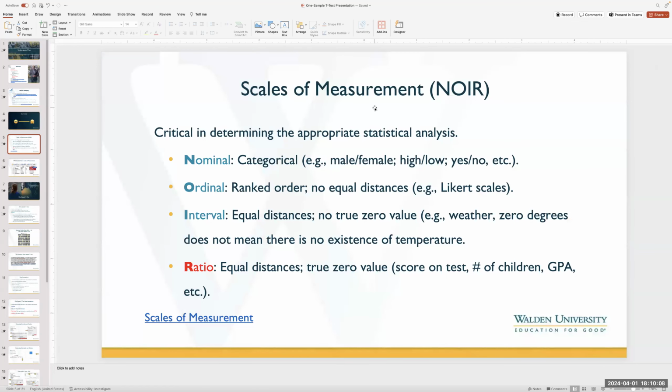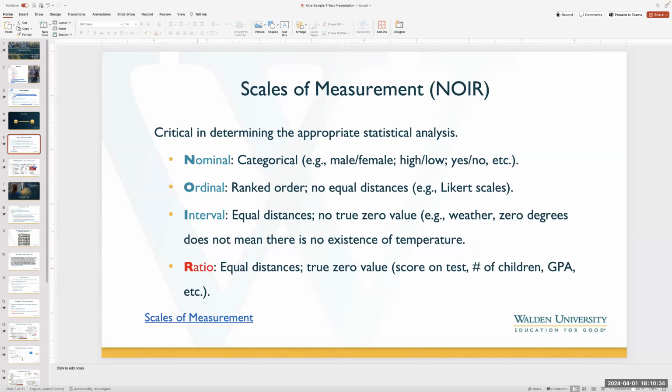Now, again, the scales of measurement, which we're not going to spend a lot of time on because you have a link at the bottom there for the scales of measurement in-depth video tutorial. But we know everything that we do in SPSS, when we look in an SPSS data file, each variable has a measure in that measure column, and it's going to either be nominal, ordinal, interval, or ratio.